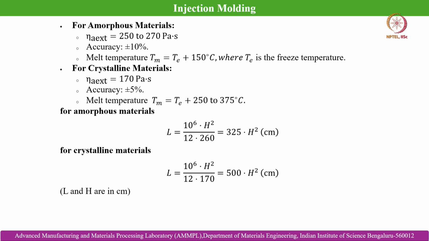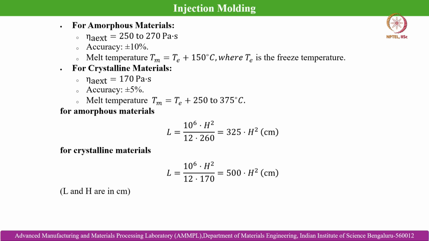And melt temperature Tm is equal to Tf plus 150 degree centigrade, where Tf is the freeze temperature. These are the parameters needed for amorphous materials, and for crystalline materials eta effective is 170 Pascal second, with melt temperature Tm equal to Tf, that is freeze temperature, plus 250 to 375 degree centigrade.